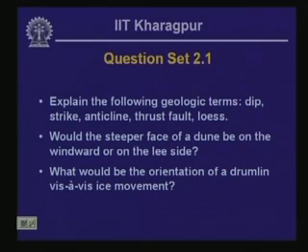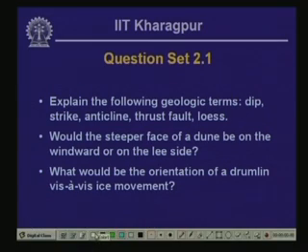The first question that we were trying to answer was the explanation of the following terms: dip, strike, anticline, thrust fault and loess. Now, the meaning of these terms was clear from the presentation of the last lecture. To restate what I did last time, let's take an example of a fault, and the fault looks like this.